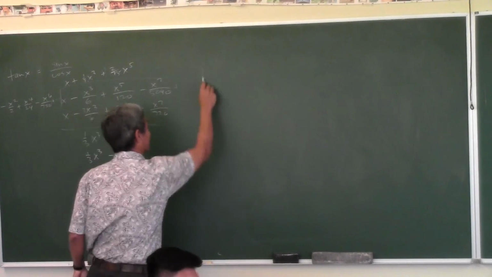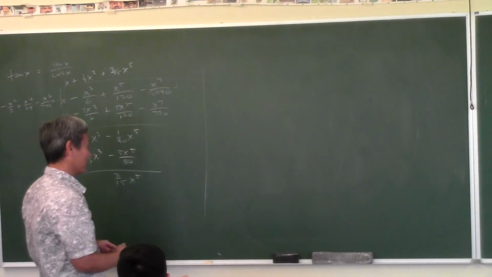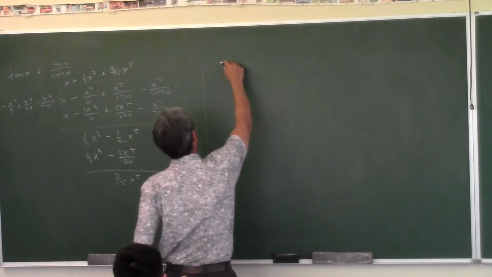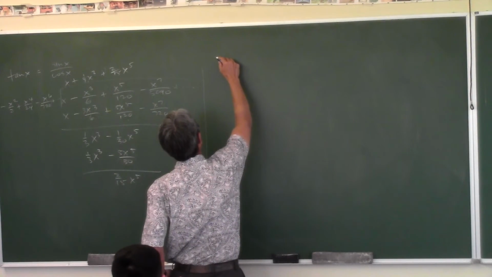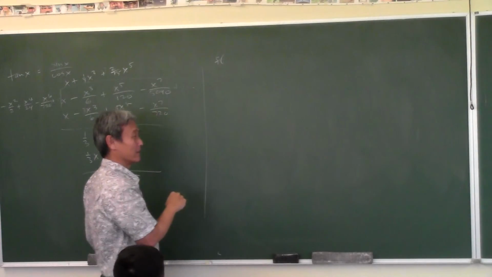Okay, let's use the Taylor definition now, except when it's centered at x equals 0, the Maclaurin series. F of a, but what is a? 0.